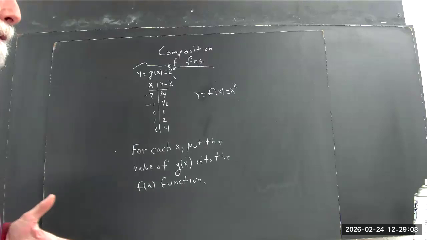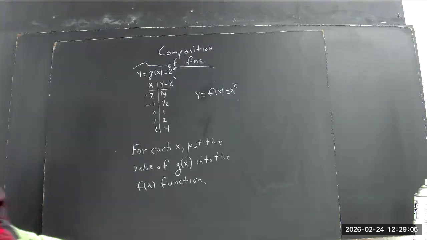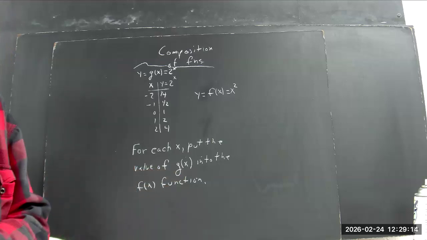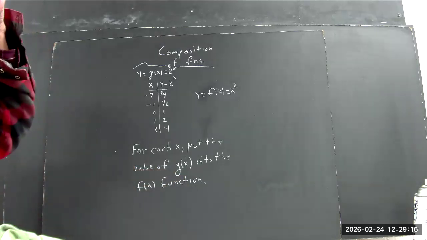So let me just ask, and you can tell me. I'll give you a minute to think about it and process the question. Okay, for each x, we're going to put the value of g of x into the f of x function, right?